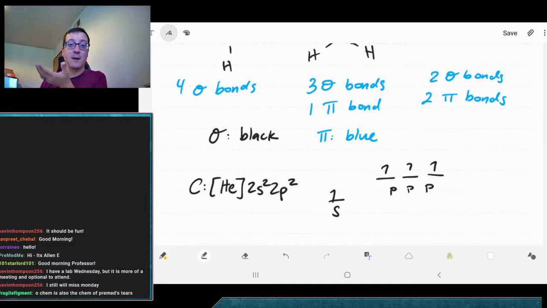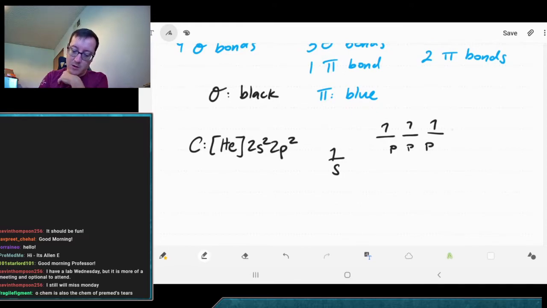So they all have the same length, which means that we probably don't have 1 s orbital and 3 p orbitals, but in fact they will have hybridized into 4 sp3 orbitals.